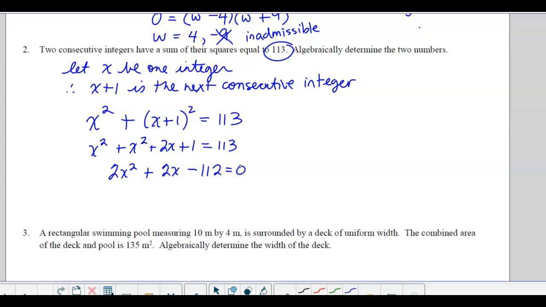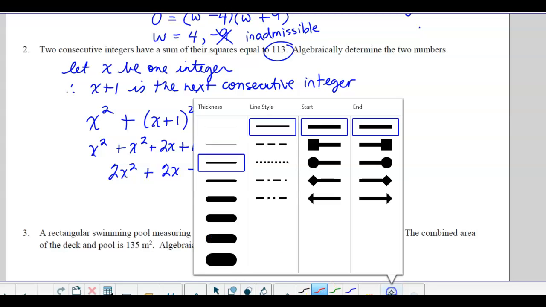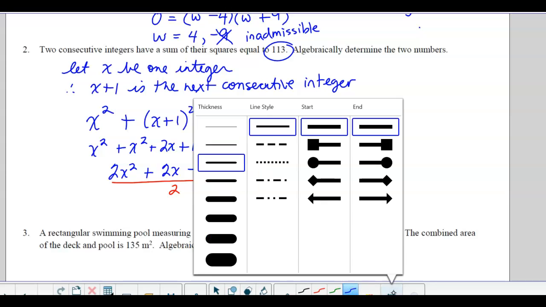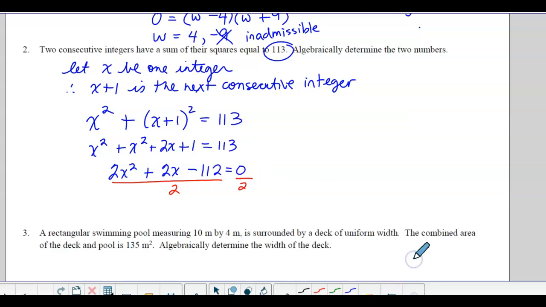Notice that they're all even numbers, so I would divide everything by 2, and you don't have to deal with such big numbers in terms of factoring. That's a lot easier to factor.